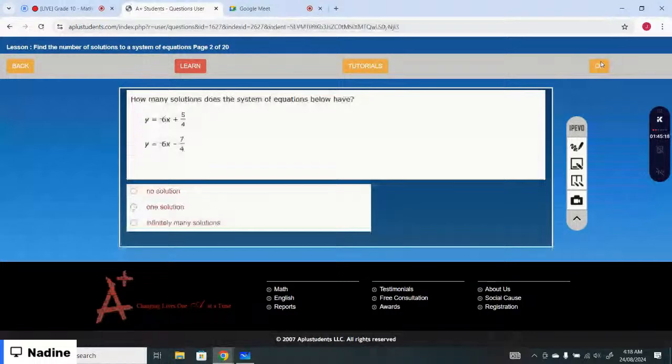How many solutions does the system of equations below have? That is y equals negative 6x plus 5 by 4 and y equals negative 6x minus 7 over 4, right?